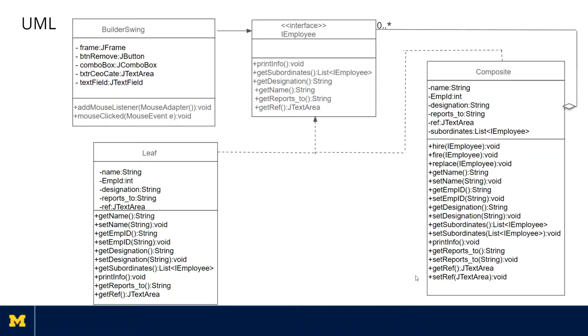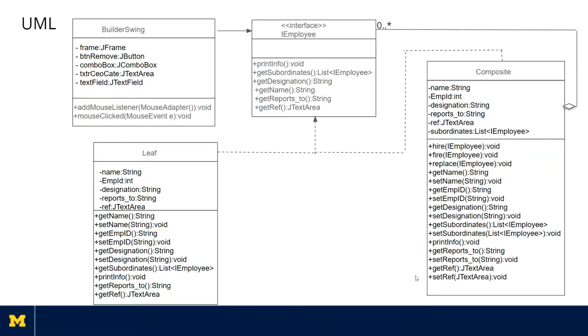That is, you report to which person, the CEO or the manager, like that. So these are common methods that both the leaf as well as the composite would employ.